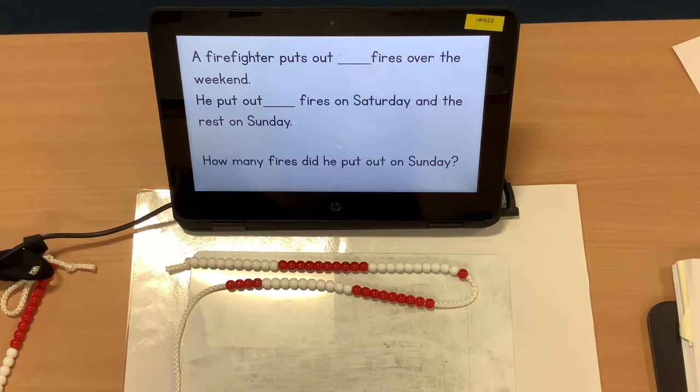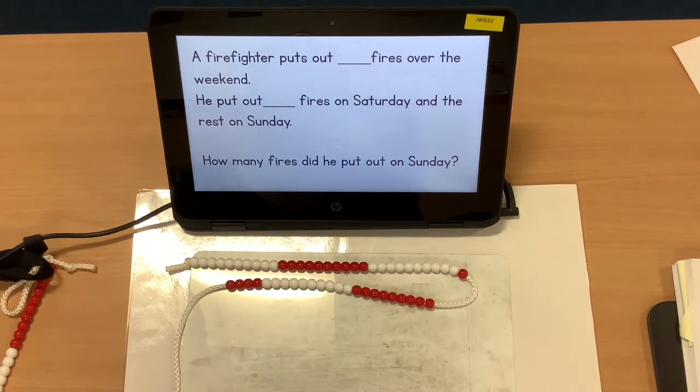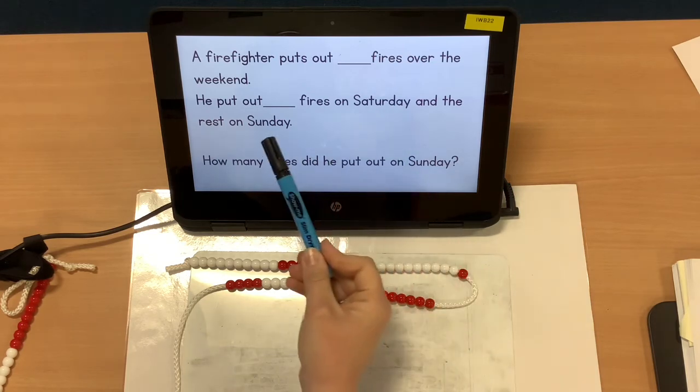Now you get to choose your own numbers to put into this problem so you can solve it more than once. The thing you must make sure you do is that you put the greatest number up here, because that is the total number of fires put out over the weekend, and we know that the weekend is made up of Saturday and Sunday.